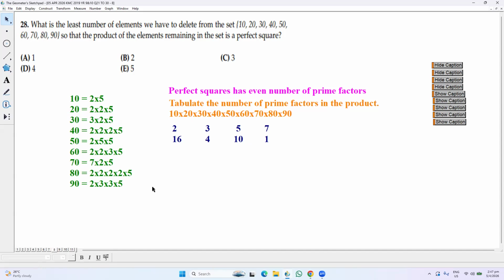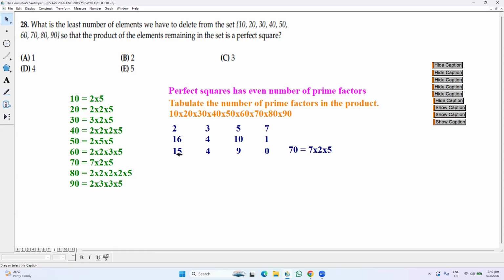They cannot have 7 only one time. So we remove 70. When you remove 70, what happens? 70 is 7 times 2 times 5. So the 2 is also removed, and the 5 is also removed. So the 2 count becomes 15. 3 no change. 5 becomes 9. And then 7 no more. So we must have an even number of prime factors.